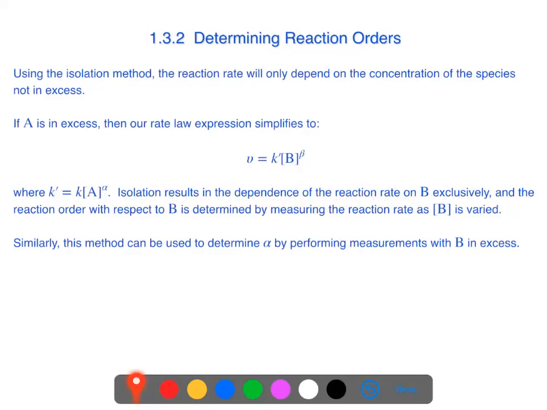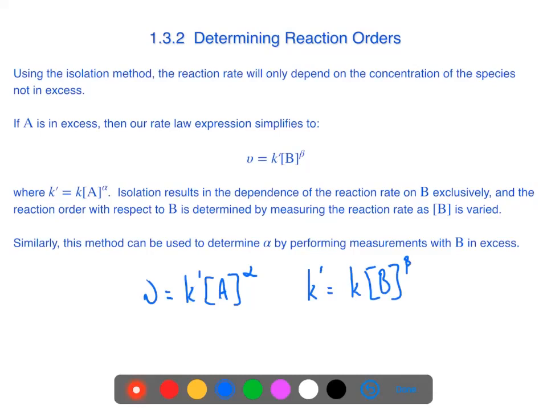In that scenario, the overall rate would be equal to k prime times the concentration of A to the power alpha, where k prime is equal to k times the concentration of B to the power beta.